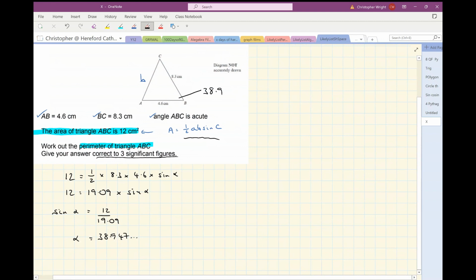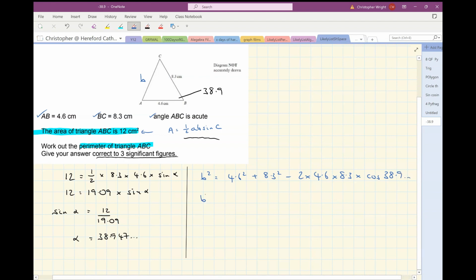And now I'm in a position to use the cosine rule to find the side little b. Little b squared is going to be 4.6 squared plus 8.3 squared minus 2 times 4.6 times 8.3 multiplied by cos 38.9. Use the whole number on your calculator, of course.